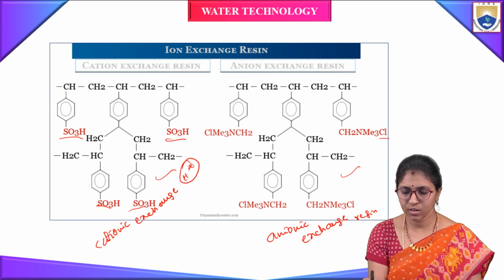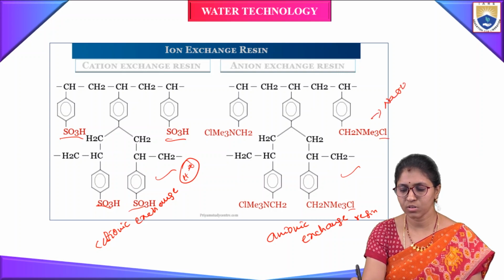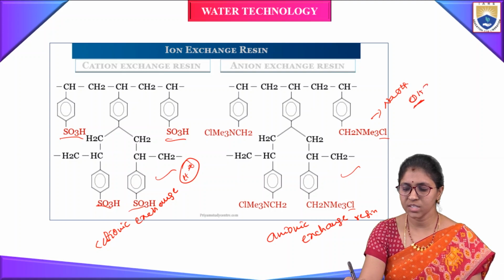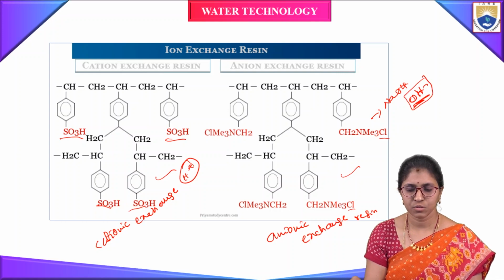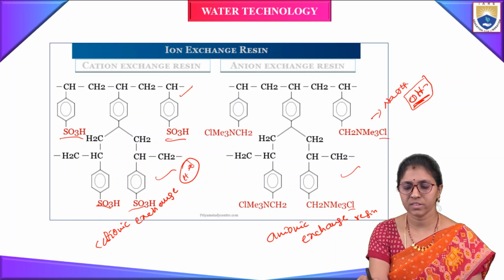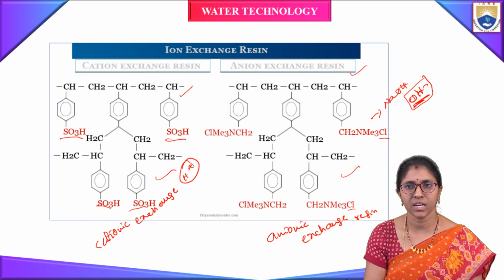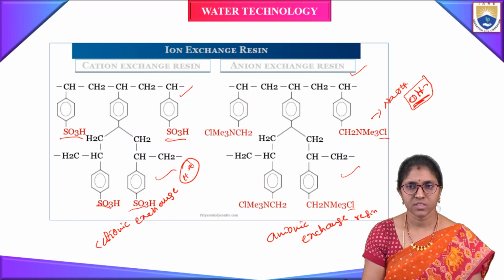This one has chlorine, and when treated with NaOH solution we get OH-. These ions are used for exchanging anions from the water.